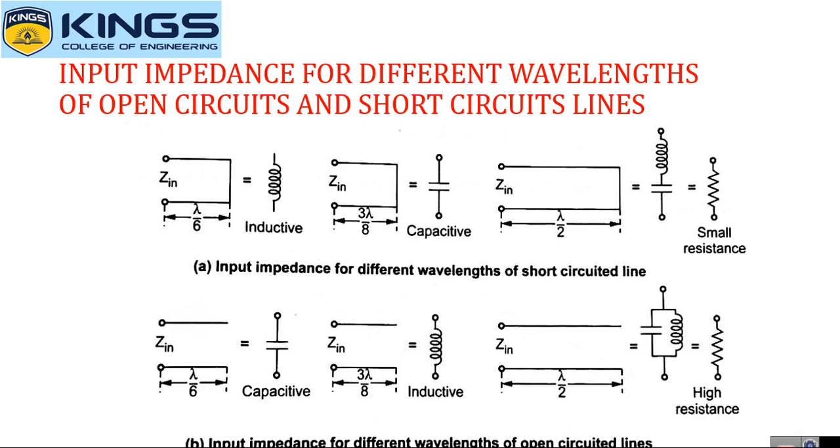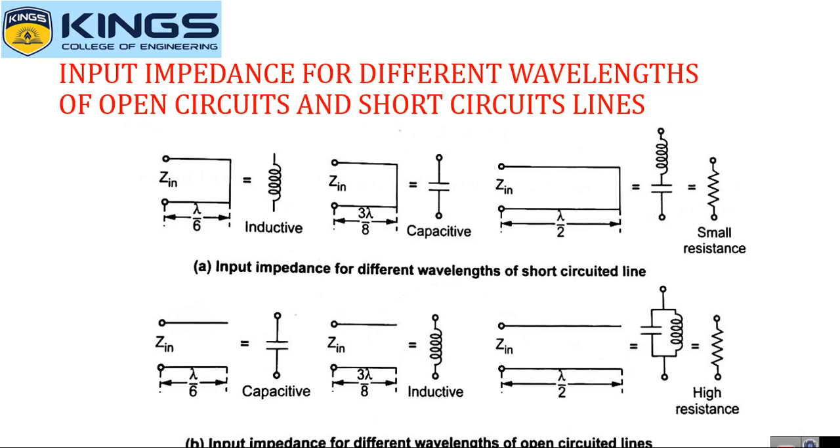If you see the different lengths, at λ/6 it will act as inductive. At 3λ/8, it acts as capacitive. Then for Zin at λ/2, it acts as a small resistance, since inductance and capacitance combined give a small resistance. This is the input impedance for different lengths of a short circuited line.